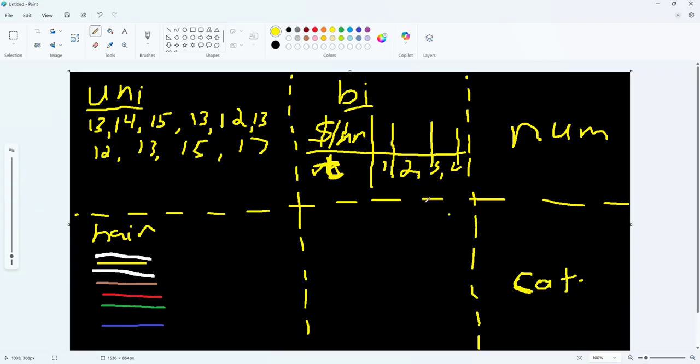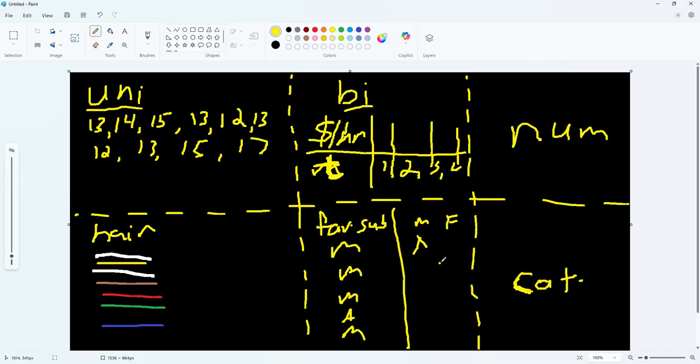Okay. Then you have bivariate categorical data. This would be something like favorite subject and whether you are male or female in your gender. We would just write down that information: favorite subject is math, algebra, math, and of course male, female.